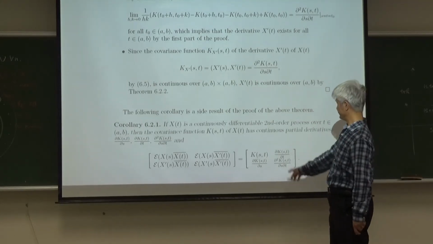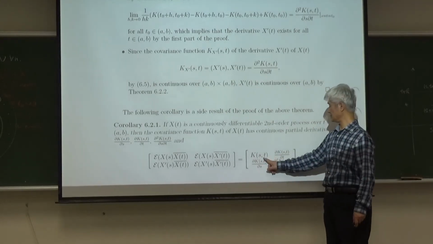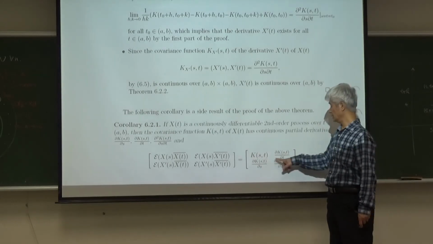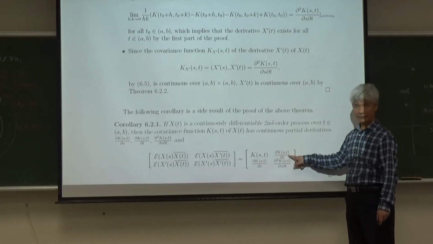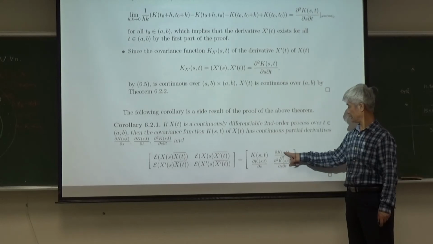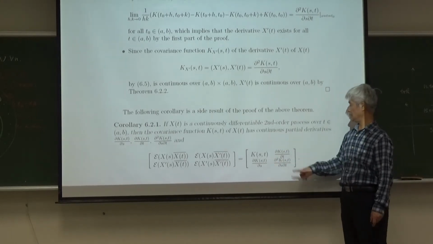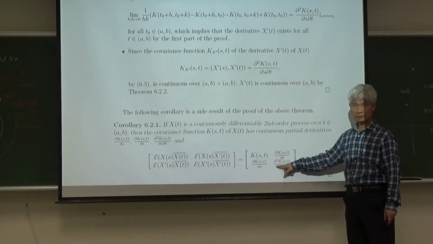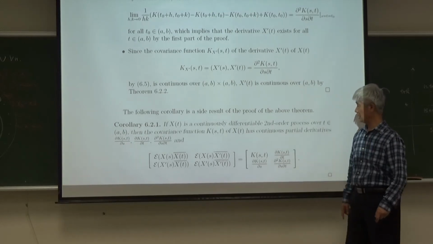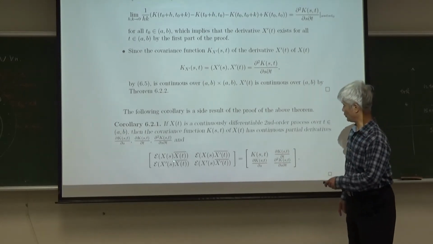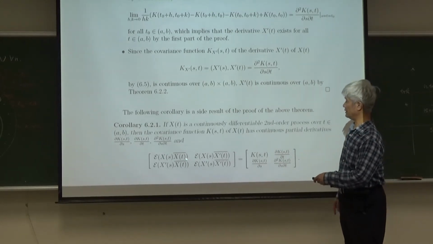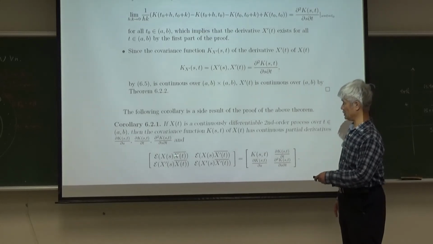And then you can see that this is the original covariance function. This is the partial derivative of the covariance function relative to t, and this is the mixed type double partial derivative. And you'll find that they have correspondence, which is from our definition, right?